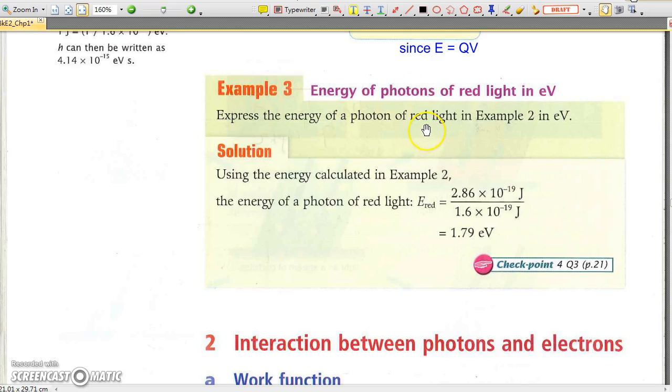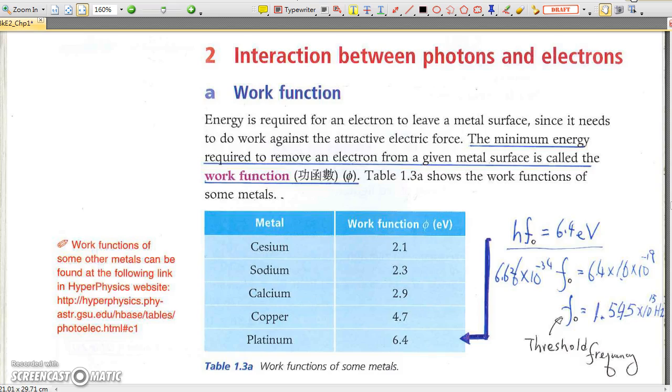So imagine if it is not red light, but violet light, then the energy here will be something like 3 or 4 electron volts. Then the energy of a photon of violet light will be enough to produce the photoelectric effect for cesium, sodium, or even calcium, because they have a very small work function.